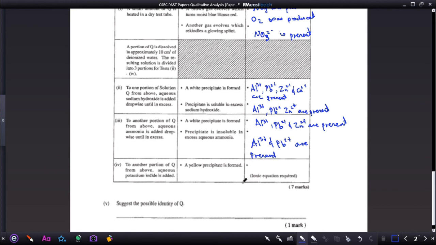Aluminum also reacts with the iodide ion, but no observable color change in the PPT results from it. So if you see a color change and it is yellow, you know that is lead. Okay, and it can be potassium iodide, it can be sodium iodide. It's the iodide ion that we are interested in. So this means that lead 2+ ion is confirmed.